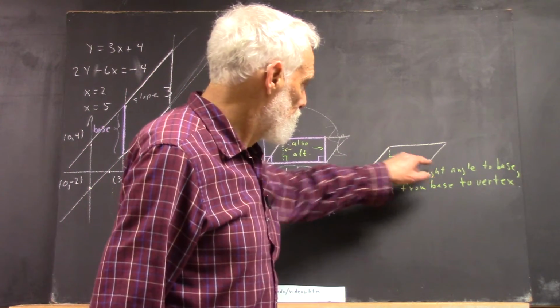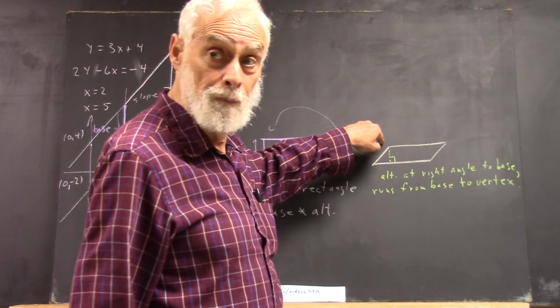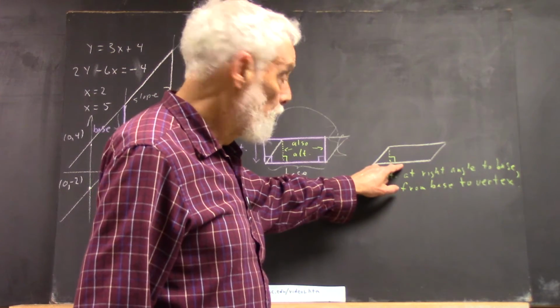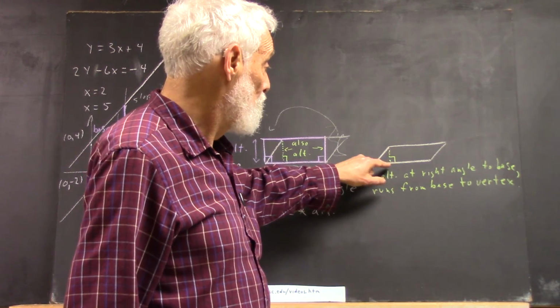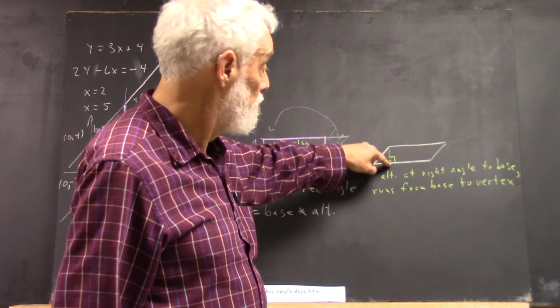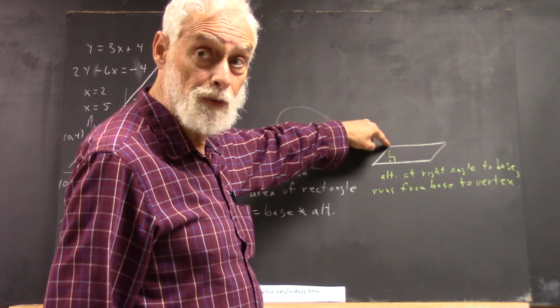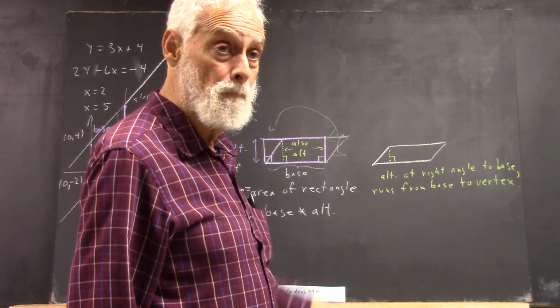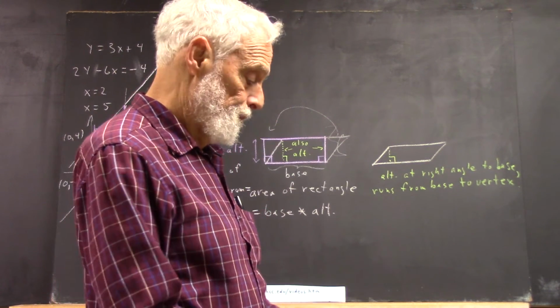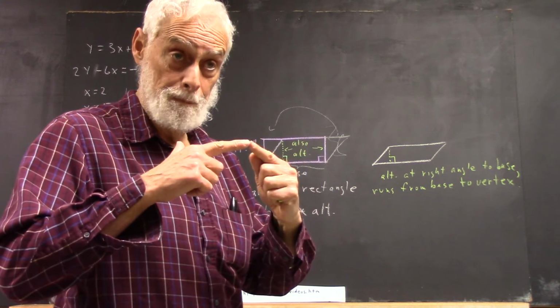Well, there's a vertex here, here, here, and here, right? Now, if we're going to call this the base, then we could run from here to here, and that would be an altitude, right? Because this is a vertex, base to vertex. So the vertex is the point in the corner, a point where two sides meet.